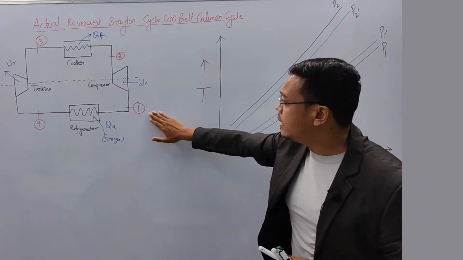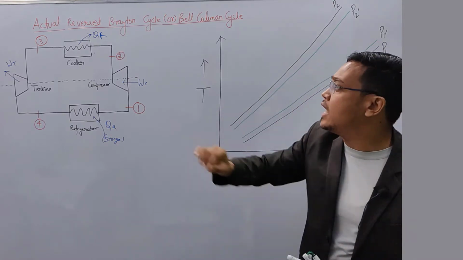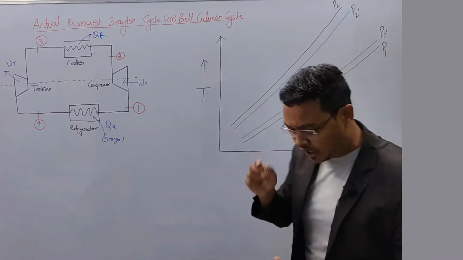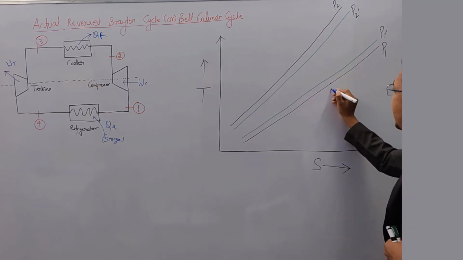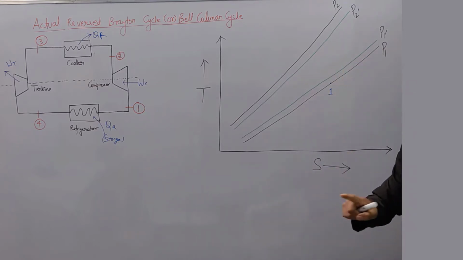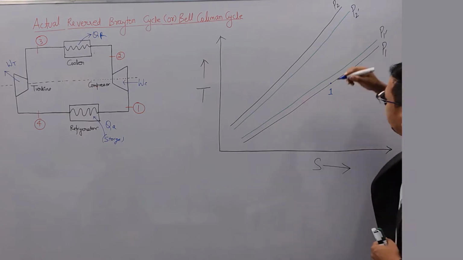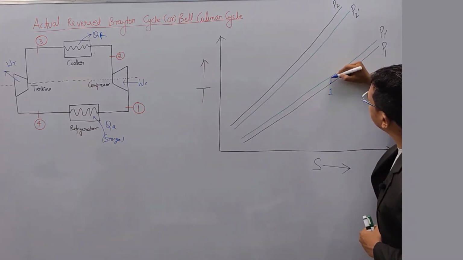From point number 1, air will compress isentropically if it is an ideal reverse Brayton cycle. Okay, see, suppose this is my point number 1. From this point, air will compress isentropically, means at constant entropy.